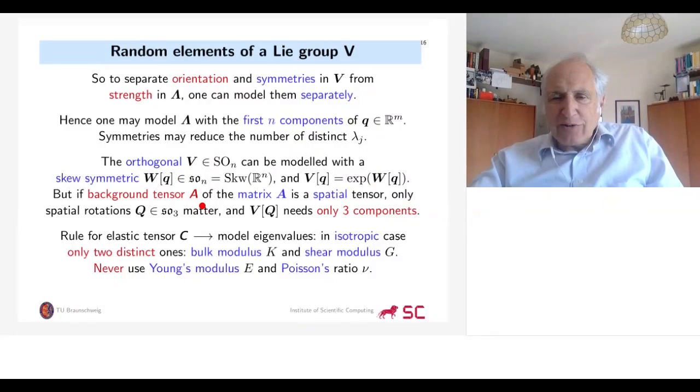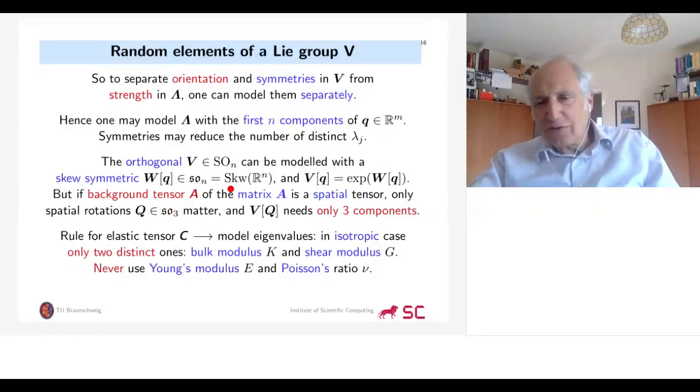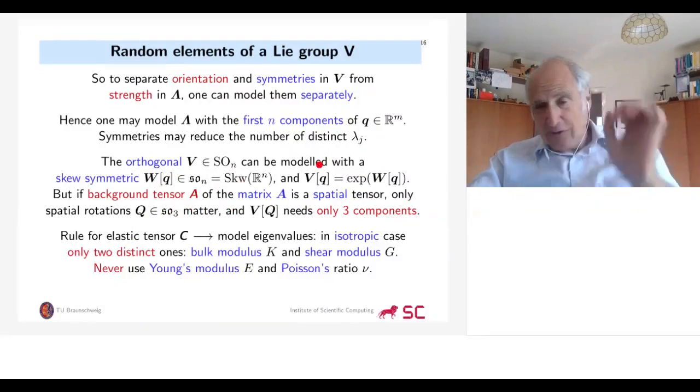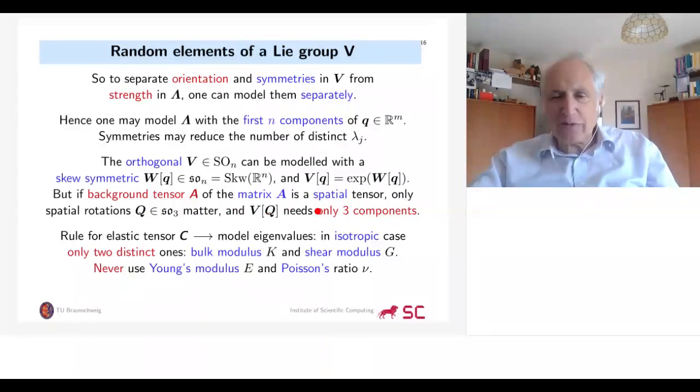But if the background tensor of the matrix is really a spatial tensor, only spatial rotations enter. So not all W's are necessary here, only the ones which come from spatial rotations. It's known how to compute these V's as a result of the spatial rotation, and that needs only 3 parameters, so you need fewer to model that.